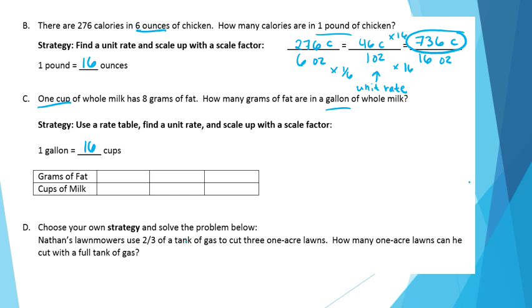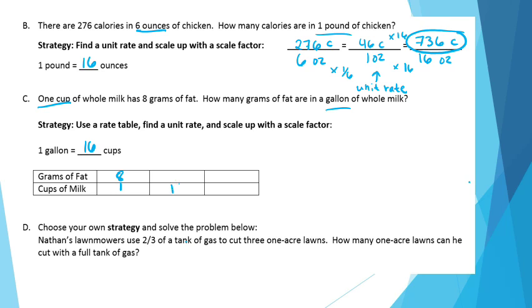So the strategy we're going to use is a rate table. So we're going to use a rate table, find a unit rate, and scale up with a scale factor. So grams of fat, there's 8 grams of fat in 1 cup of milk, and that's actually a unit rate. And so now what I'm going to think about is how many grams of fat are in a gallon of whole milk.